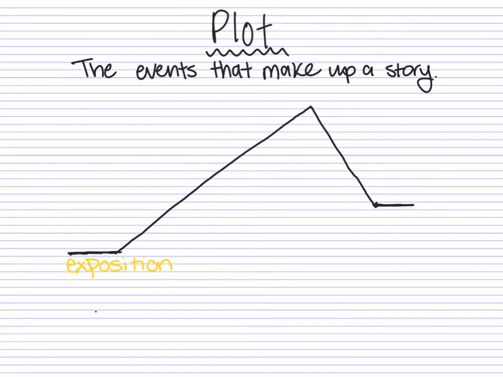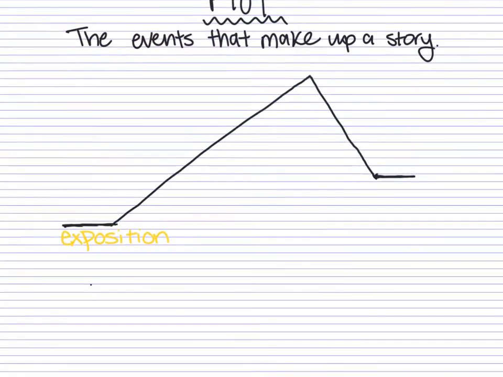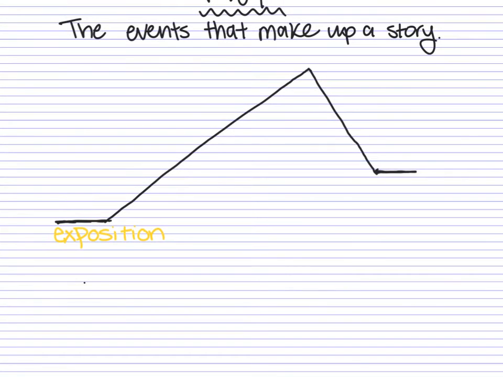Man, I am so excited right now. Okay. Exposition. So below here on my notebook, I'm just going to start by writing exposition because I'm going to define it. The definition of an exposition is basically the first events of a story.